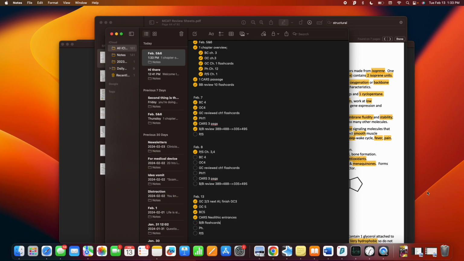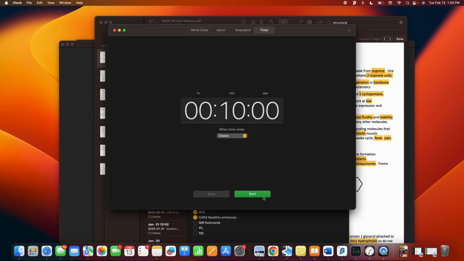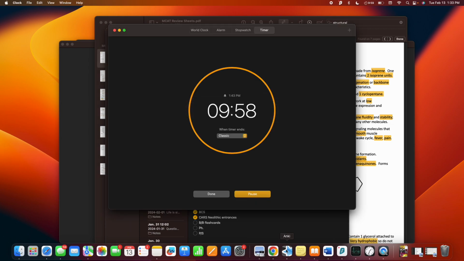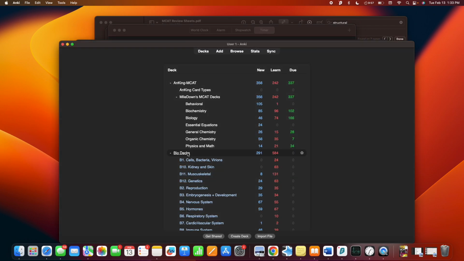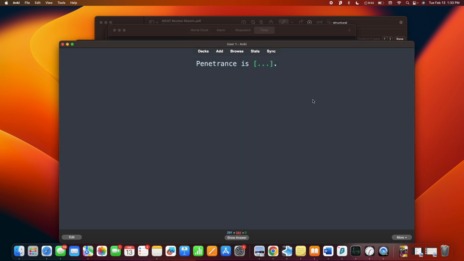Now let's do some biology flashcards. Okay, penetrance. This is a genetic term, and it's the proportion. There is a difference between penetrance and expressivity.